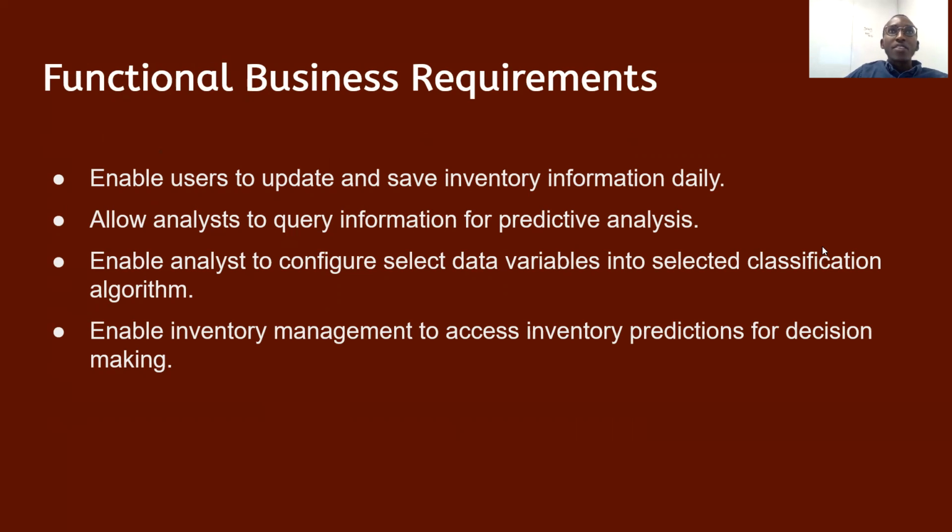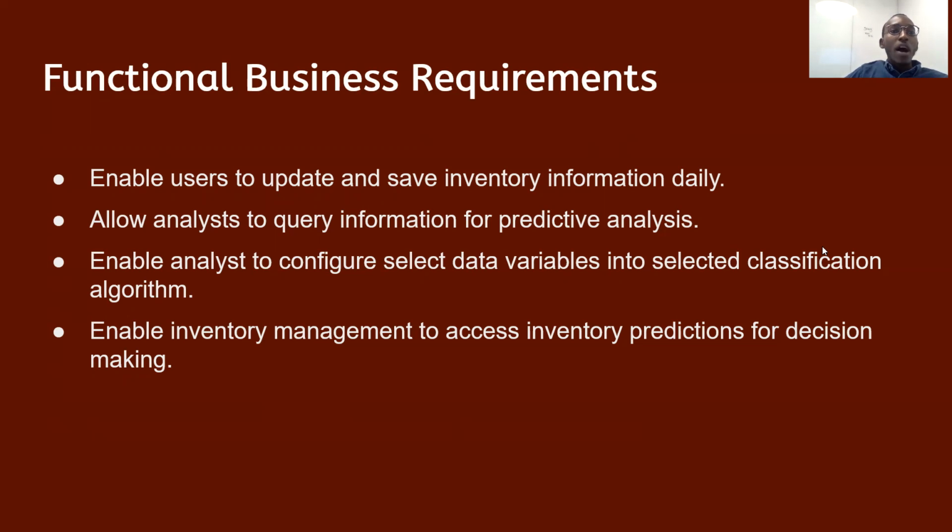So these are the functional business requirements. These are the functions of the system required for it to function and produce the desired business goals. The first requirement is that the system will enable users to update and save inventory information daily.